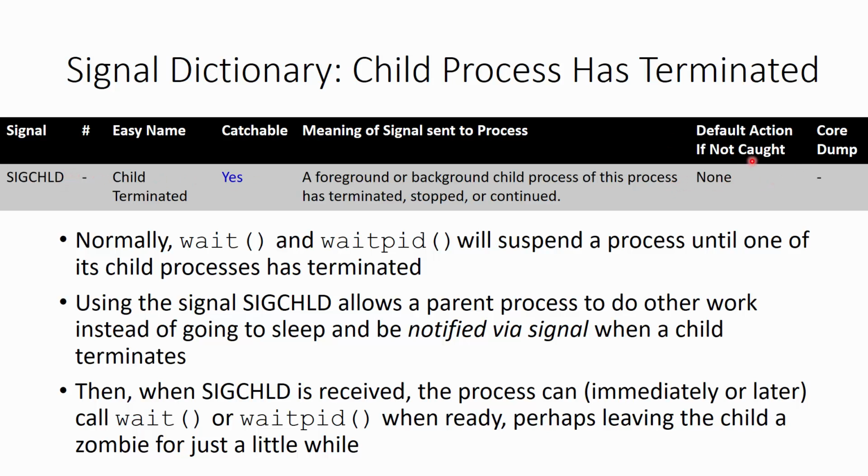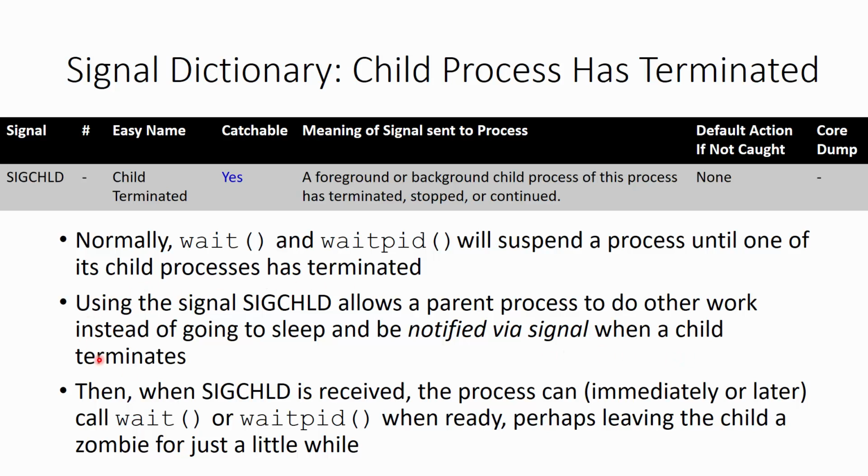There's no default action if you don't catch it, so this is one of the few where nothing actually happens at all. It's up to you to manage it if you want. There's no core dump associated with it, of course. Normally, wait and waitpid are going to suspend a process until one of the child processes has terminated. So by using this signal, the parent process can do something else instead of just going to sleep and being notified.